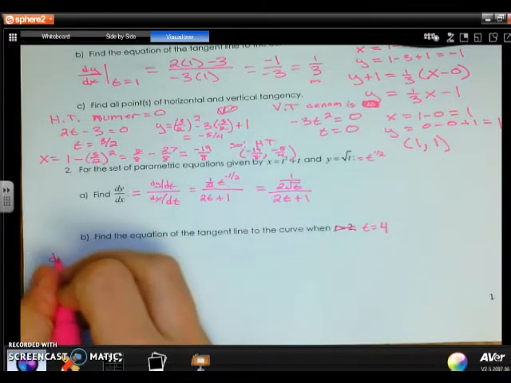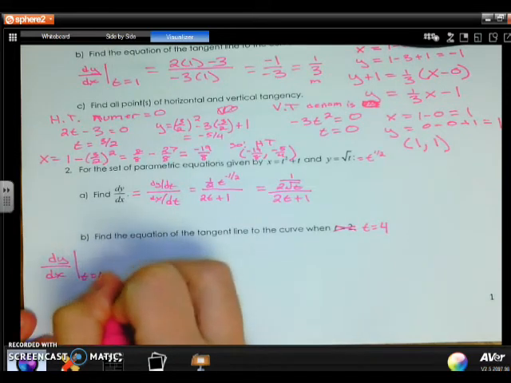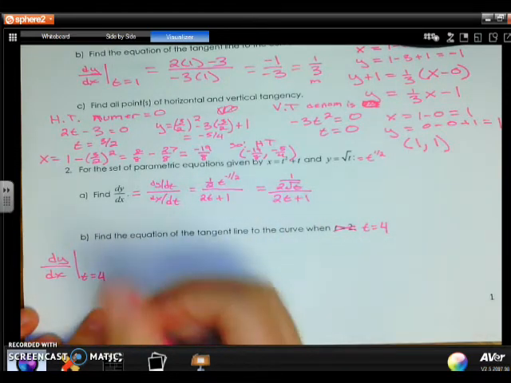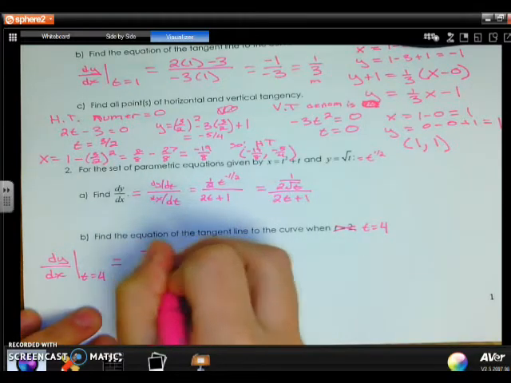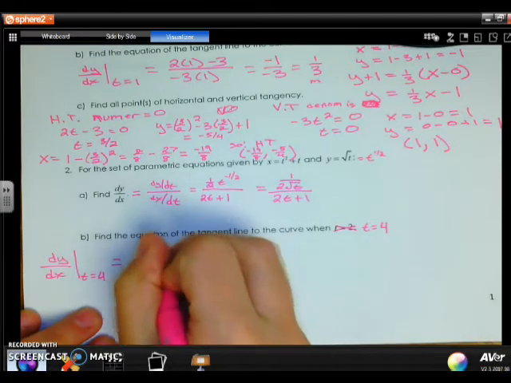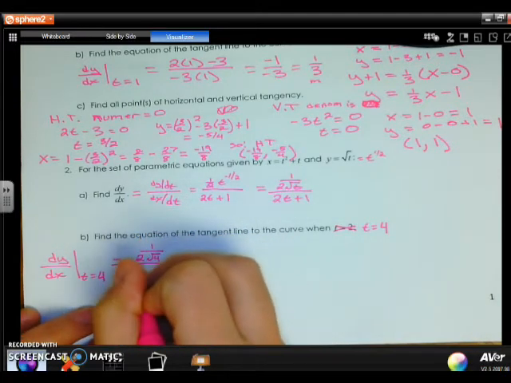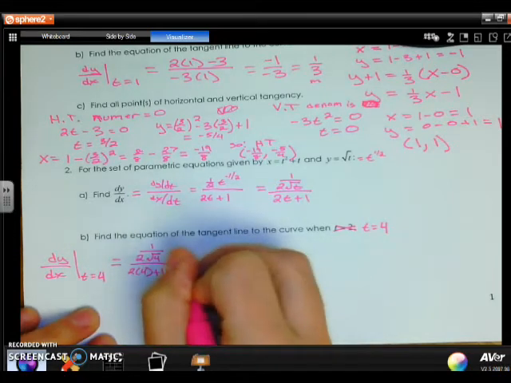So basically what you're doing is you're evaluating the derivative at a certain time. Oh, I see why I changed it to 4. It makes it much easier to take the square root. So when I plug in a 4 there, square root of 4, and then over 2 times 4 plus 1.